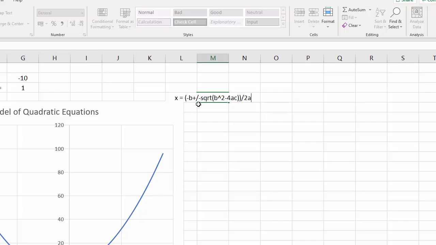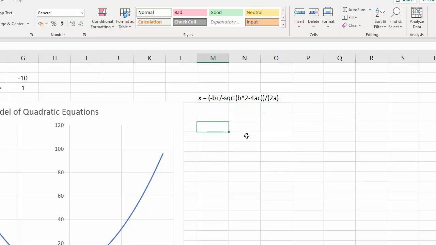If we're putting this into Excel, I would need to put in a bracket there and a bracket there. If I didn't put those brackets in, it would divide the numerator by 2 and then multiply the whole thing by a, which of course is not what you want. So that's the equation for the roots of a quadratic.